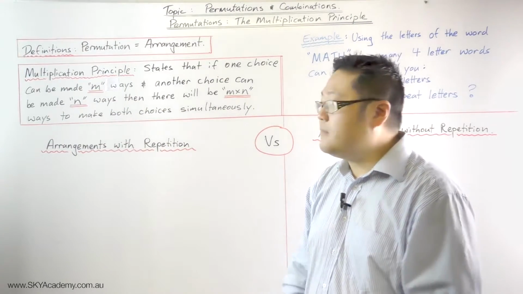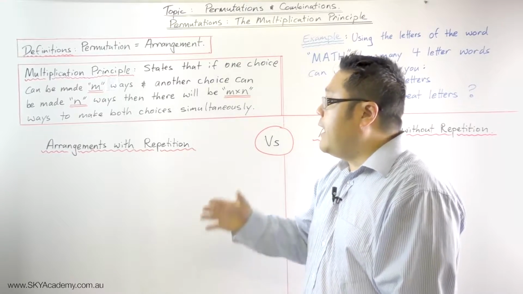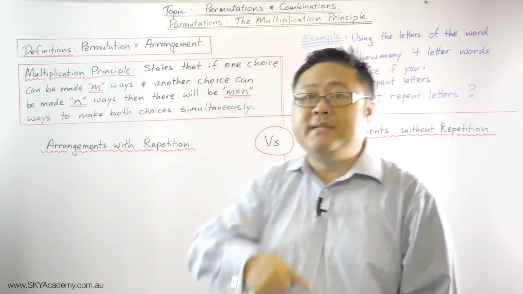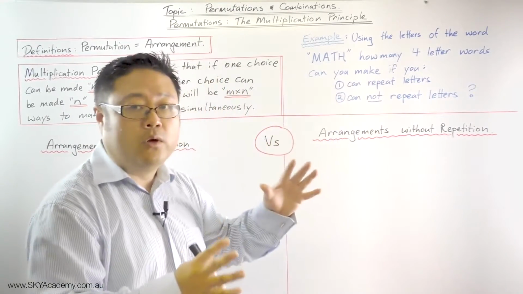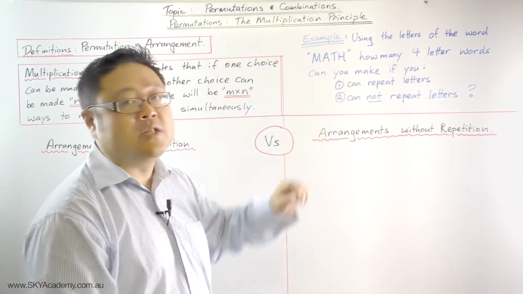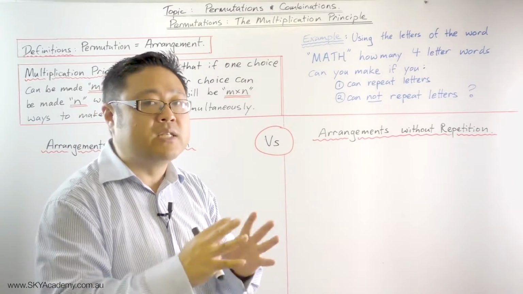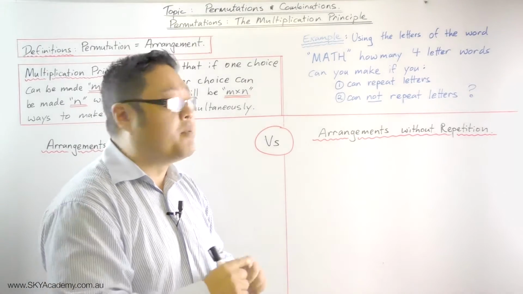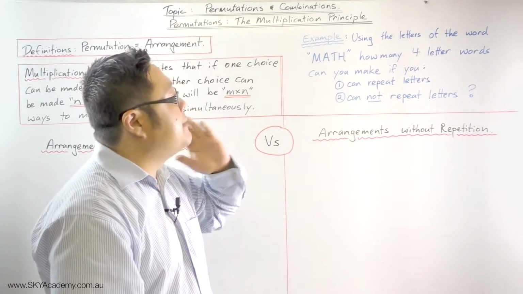Got it? All right. So how does that work in practice? I've got a question for you, and we're going to use this question to see how this multiplication principle plays out in a practical example.